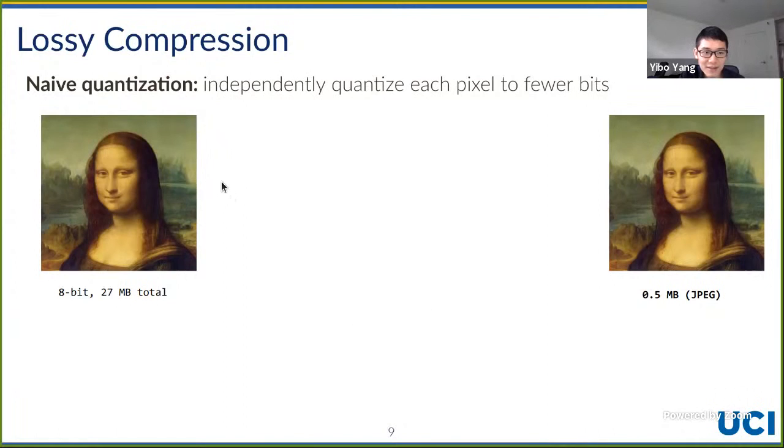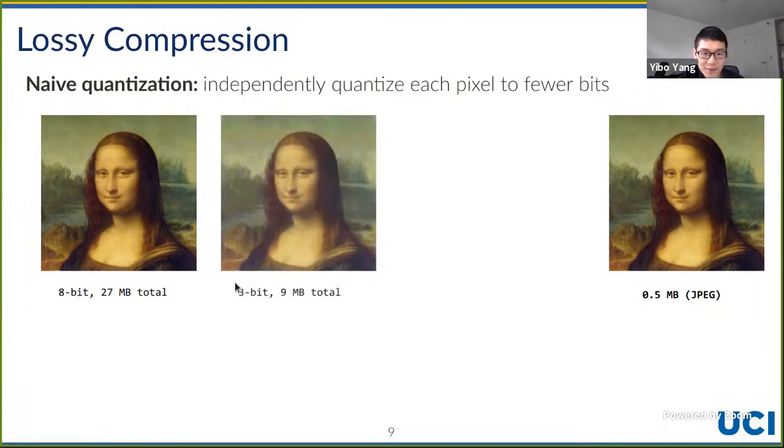A naive idea is to quantize each pixel independently. By quantize, I mean to map one of 255 possible values into fewer possible values. So if we represent each brightness value, instead of using an 8-bit number, using a 3-bit number, then we'll notice some degradation. But of course, we'll save some file size.